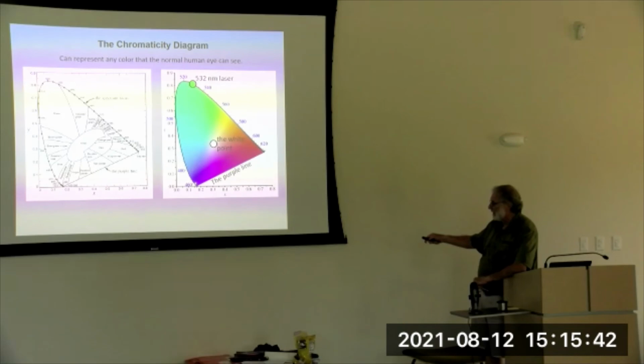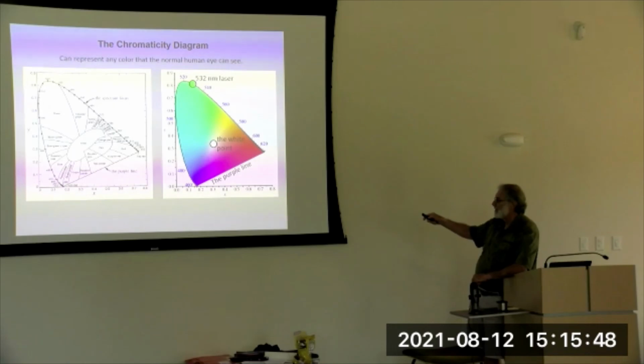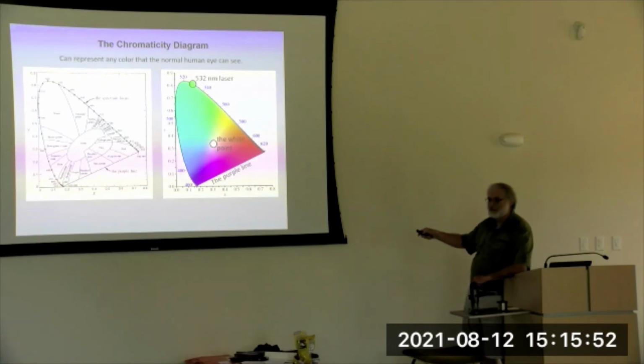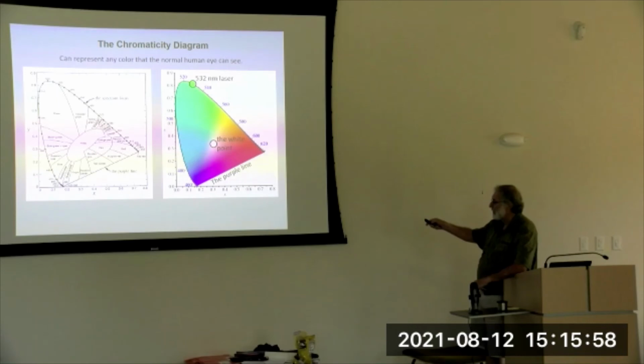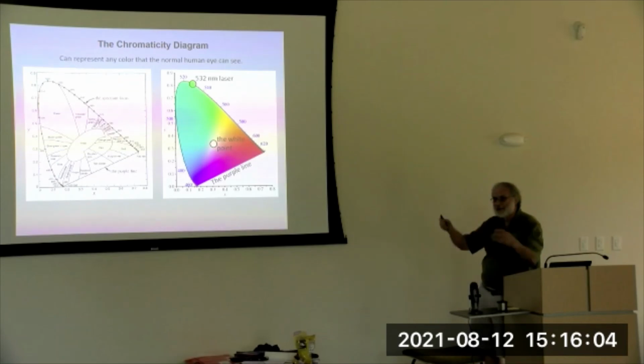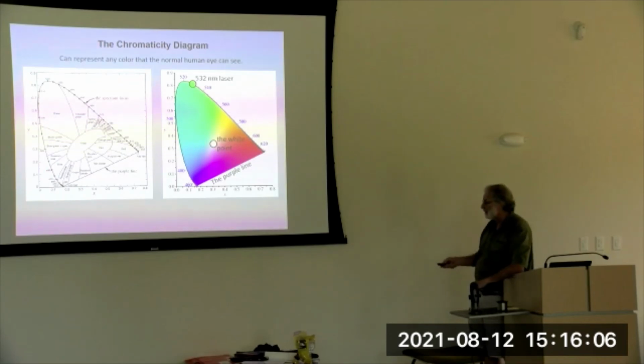So the coordinates around here are very pure colors, like the 532 nanometer laser, and in here, this point is a mixture of all wavelengths equally. And if I have, let's say, a point right here, that's sort of like taking a 532 nanometer laser, but mixing in a bunch of other wavelengths as well.